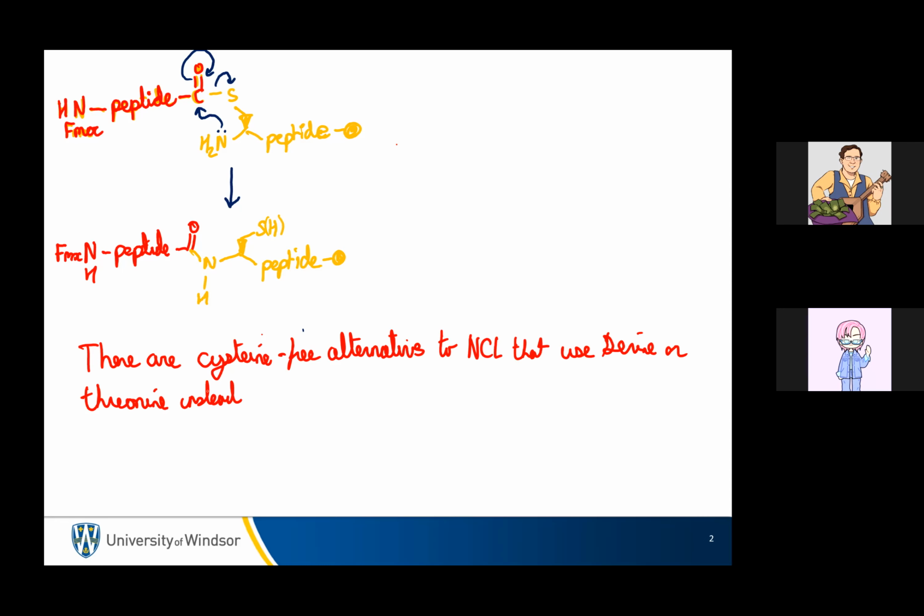So people have found a way to use an oxygen nucleophile instead of a sulfur nucleophile to do essentially the same kind of thing.